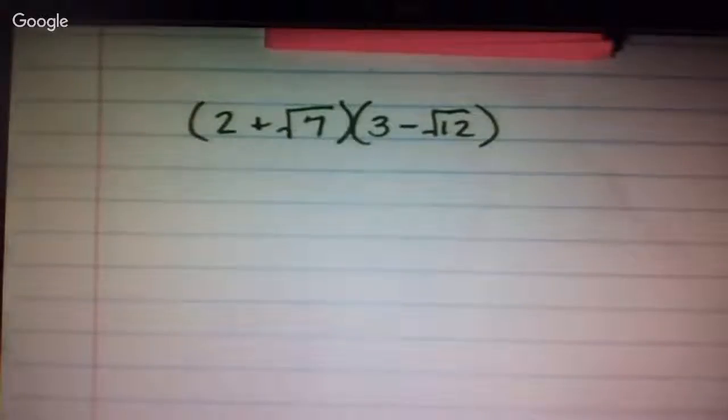And then combine like terms, and you finish 6x squared plus 8x minus 8.